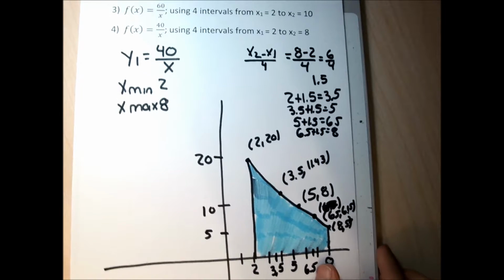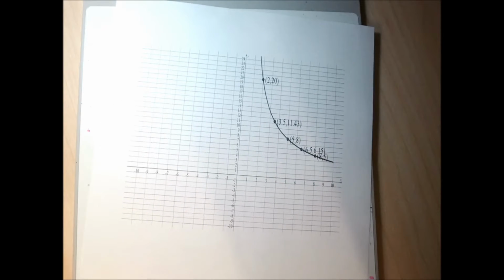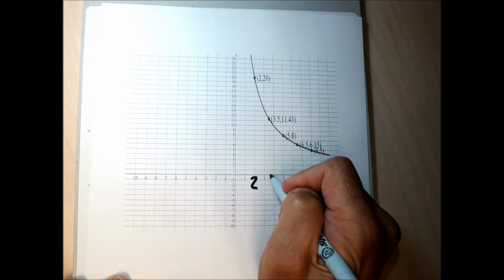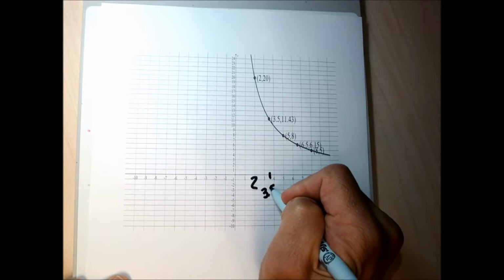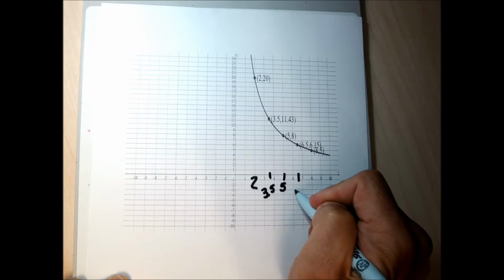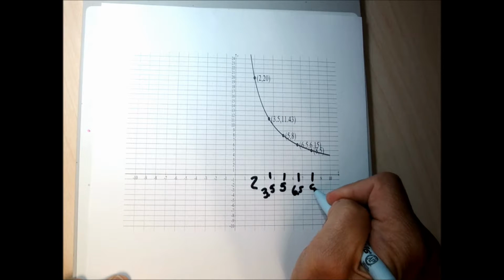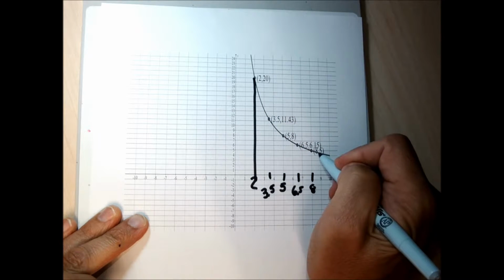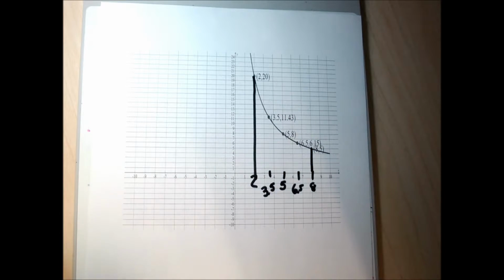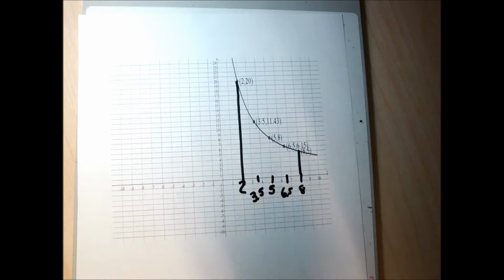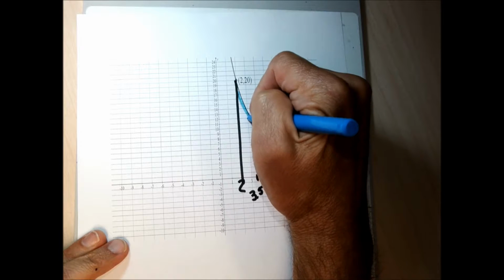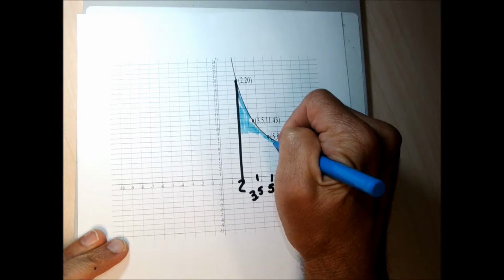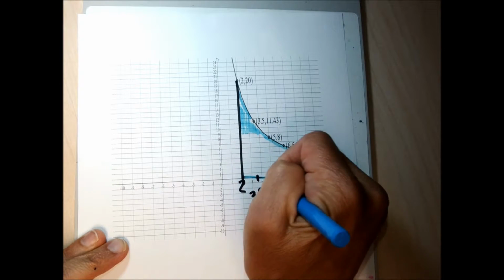I'm going to copy exactly what I have on that graph onto a better graph, because you're not going to see what I'd like you to see on the graph that I drew, because it was just too straight. I didn't get enough of a bend, and when you don't get enough of a bend, you're not going to see the difference between the trapezoid areas and the actual areas.